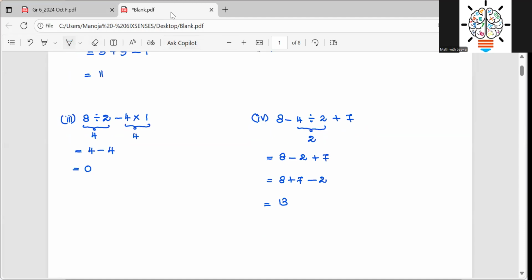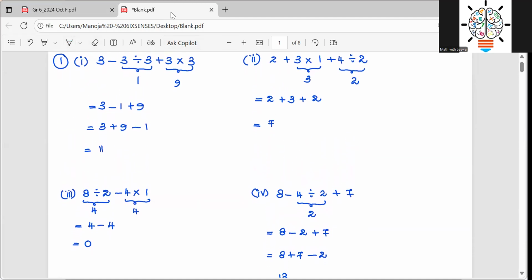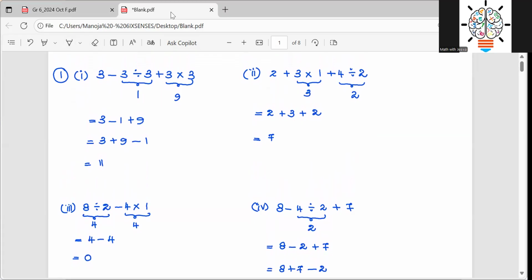So we will double check before moving to the next question. Here we have 3 minus 3, where you want to get the division first, right? So I'm double checking whether I have done it correctly. Times 3, yeah, 11. And the next one, 2 plus 3 times 1 plus 4 divided by 2, it gives you 2.